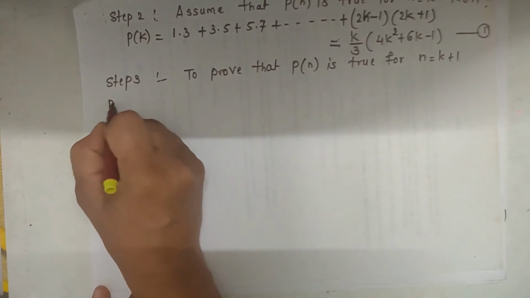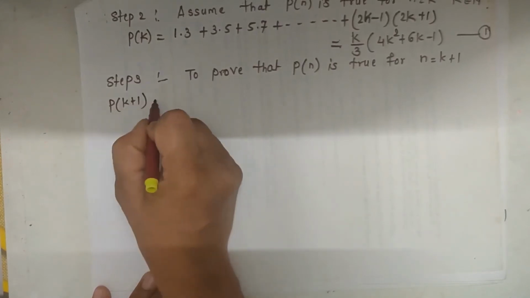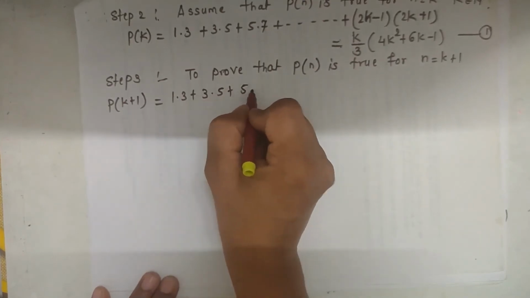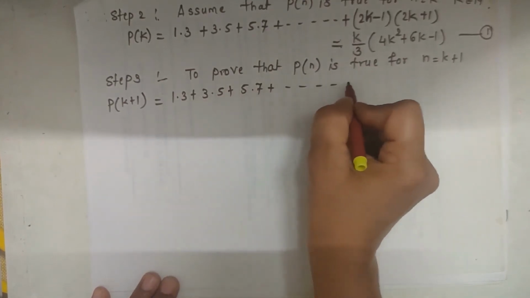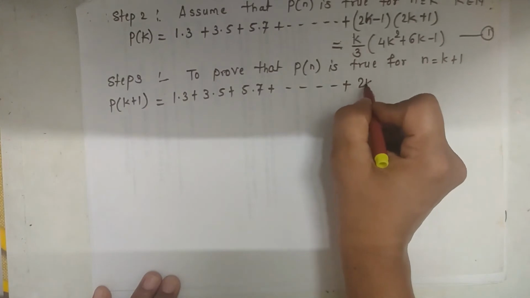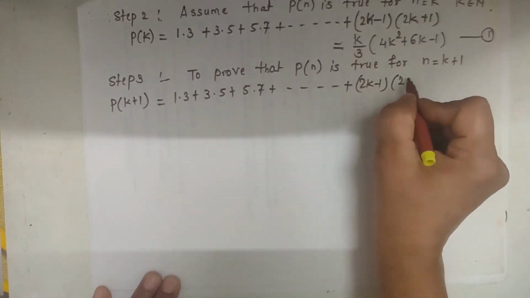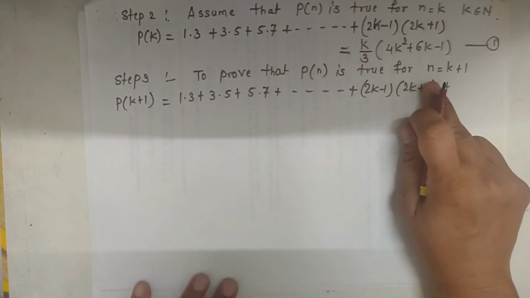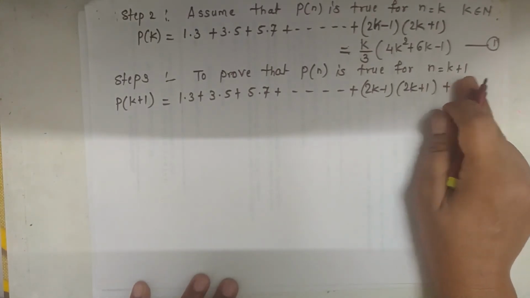So here the statement of P of k plus 1 is equal to 1 into 3 plus 3 into 5 plus 5 into 7 up to the second last term, which is 2k minus 1 into 2k plus 1, and the last term in the form of k plus 1.